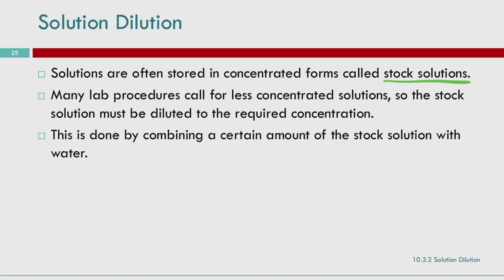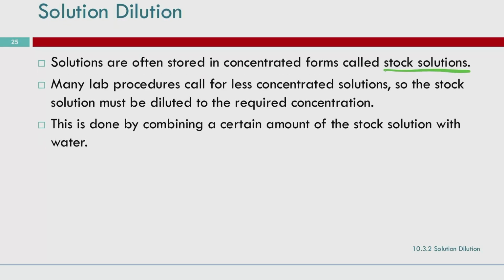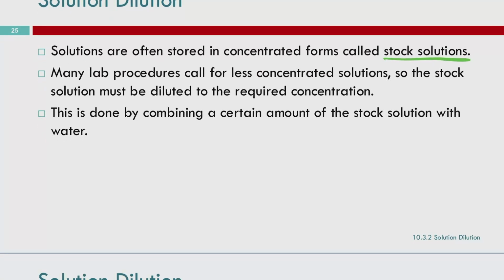So it's convenient to store our solutions in really concentrated forms and then just take a small amount and dilute it up to make whatever concentration we want. If we need a lot of really low concentration solution and we just buy it in that amount, we're going to be buying vast quantities of solution and we don't have an infinite amount of room in our prep room. So it's more convenient to buy one smaller bottle and just dilute it out. So that's where solution dilution comes into play.